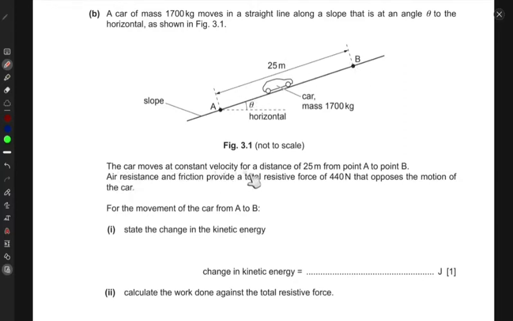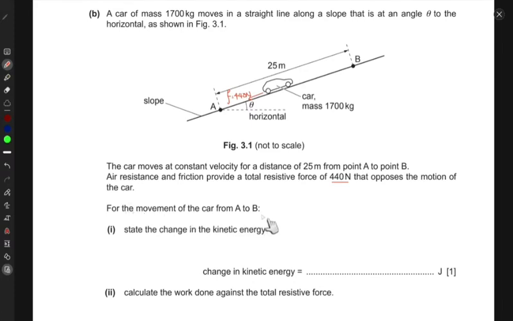The car moves at a constant velocity for a distance of 25 meters from point A to point B. Air resistance and friction provide a total resistive force of 440 newtons. So air resistance is not negligible in this case. They're saying that combined air resistance and the friction from the road provide a frictional force of about 440 newtons, the total friction opposing the direction of motion of the car.